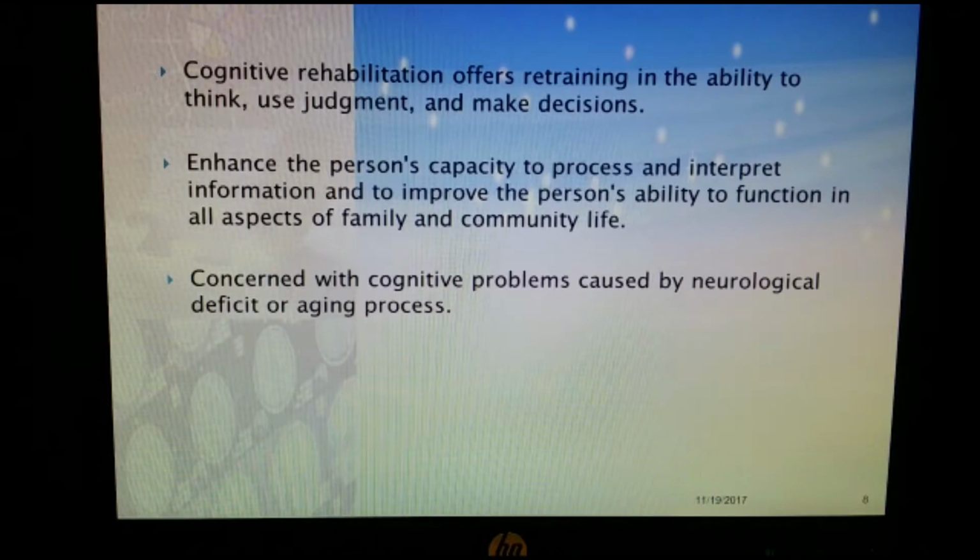So there are many goals which can be achieved, and it contributes directly or indirectly to the patient's quality of life. So cognitive rehab therapy can be useful and relevant to patients. It improves particular areas in the patient's life.